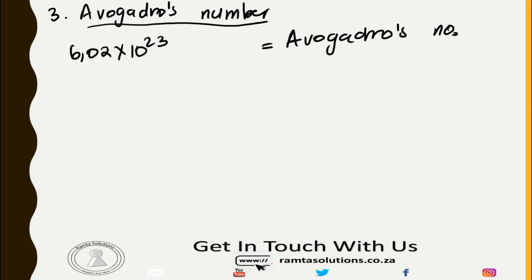Avogadro's number is 6.02 times 10 to the 23 particles per mole. Particles per mole.